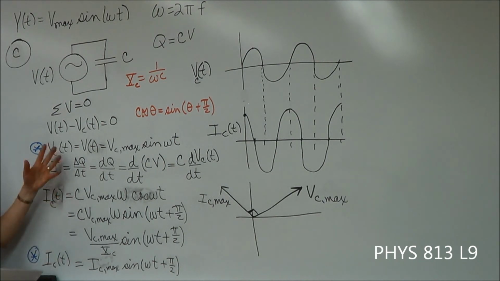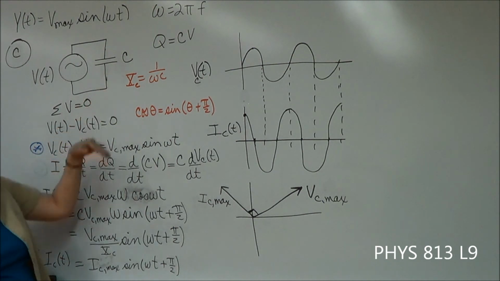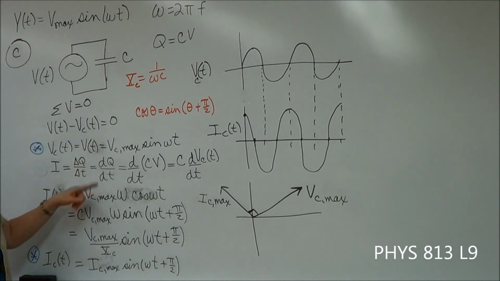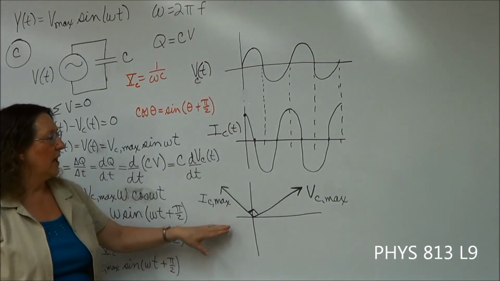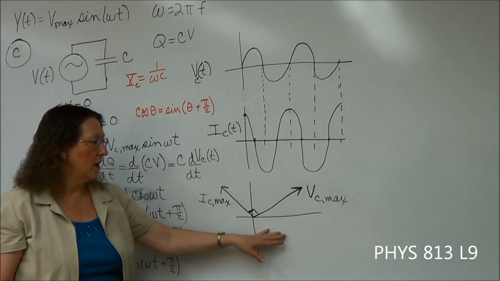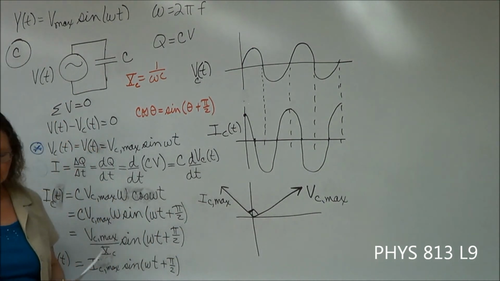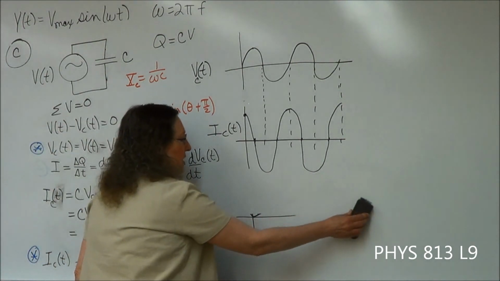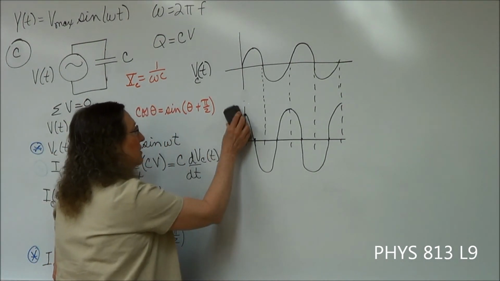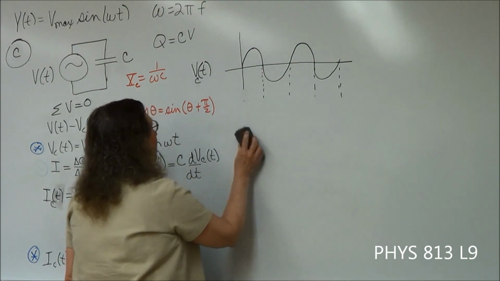Okay, so we've derived our equations for voltage and current. We have our graphs for voltage and current, and we have our phasor diagram for voltage and current for the capacitor. So now we need to do the same thing except for the inductor. I'm going to erase certain parts just like I did before.